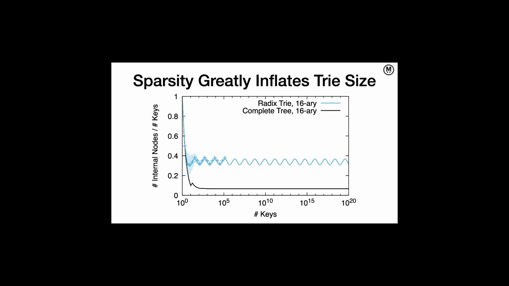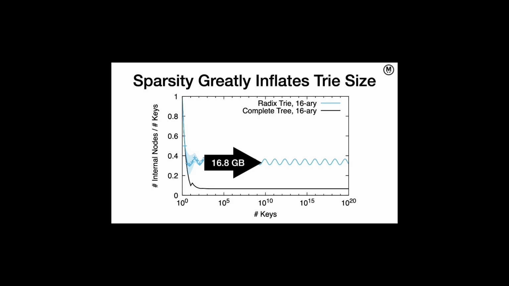From the picture, you can see that there's almost a 4 times difference between the number of nodes required divided by the number of useful key-value pairs stored. For the radix trie or Merkle-Patricia trie, each key-value pair stored requires almost 0.4 internal nodes being stored as overhead, whereas the optimality, the complete tree, uses less than 0.5 internal node per key-value pair on average.